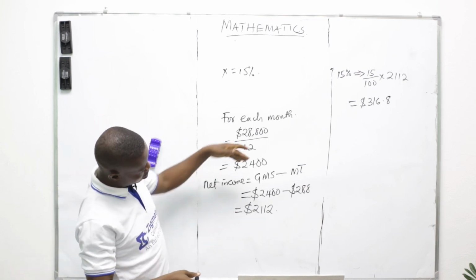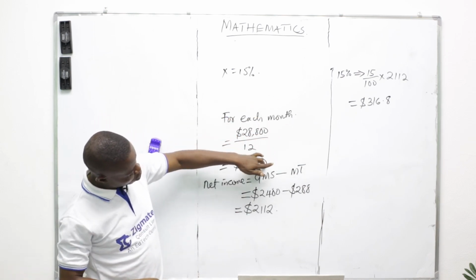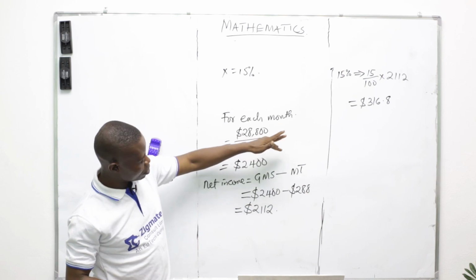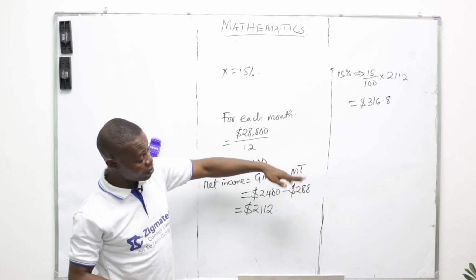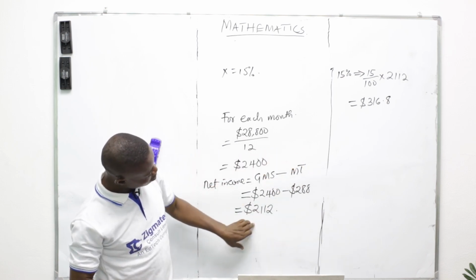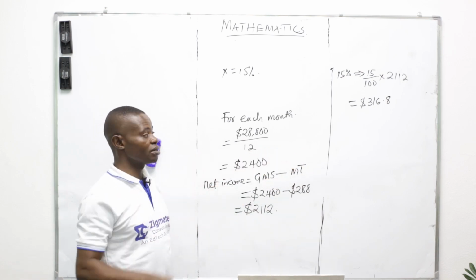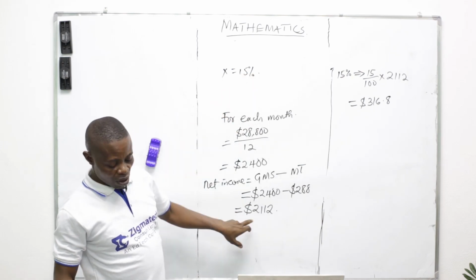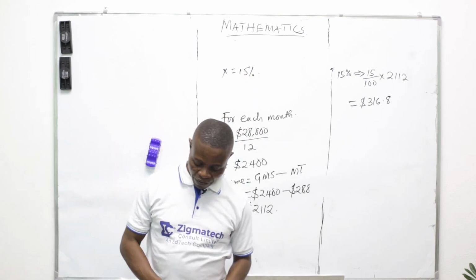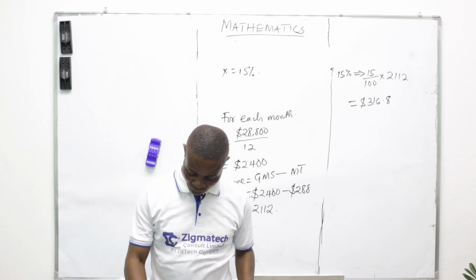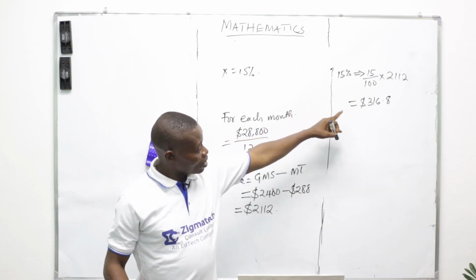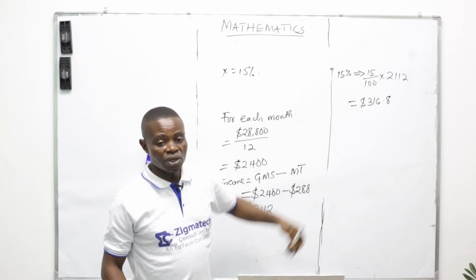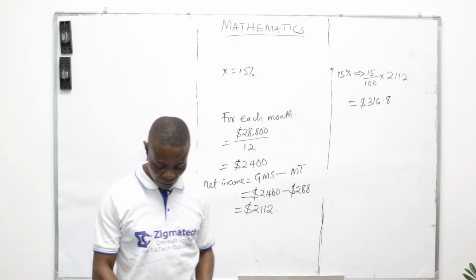From our net income, gross monthly salary minus monthly tax, all of them are in months. So we have this. Now, the savings is 15% of this. The 15% is what? $316.8.